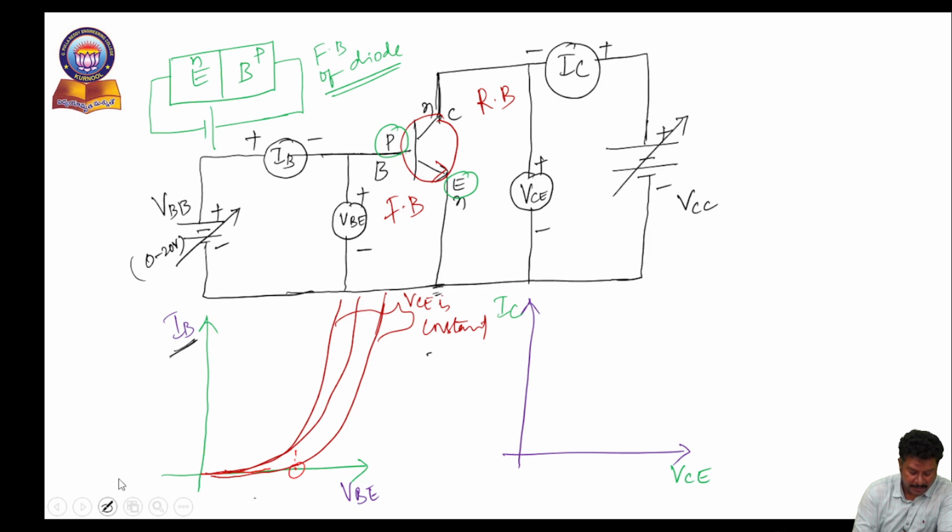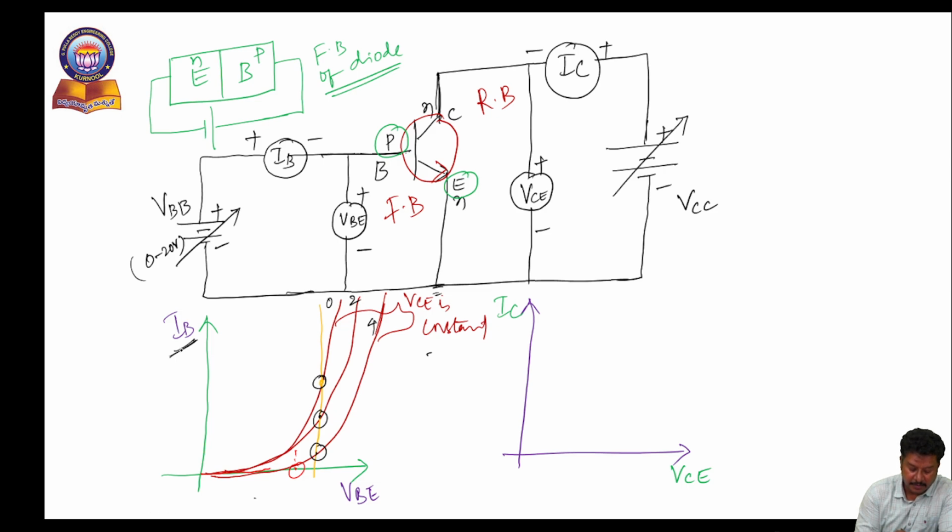Now I'm drawing a line vertically here. You can observe at this point, and this point, and this point, as VCE changes from 0 to 2 volts, from 2 to 4 volts, if you carefully observe here, IB current is decreasing.